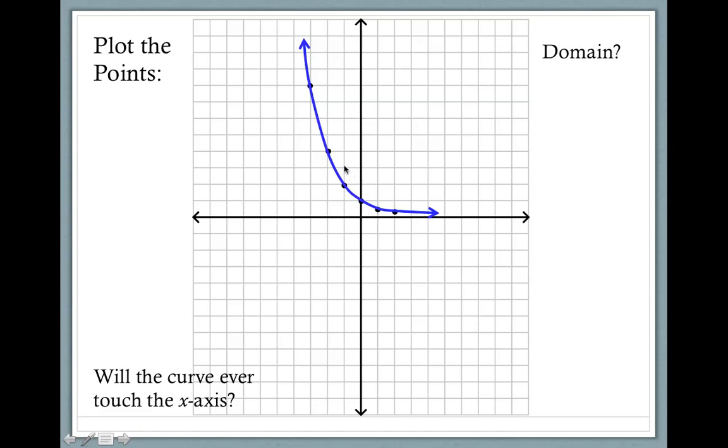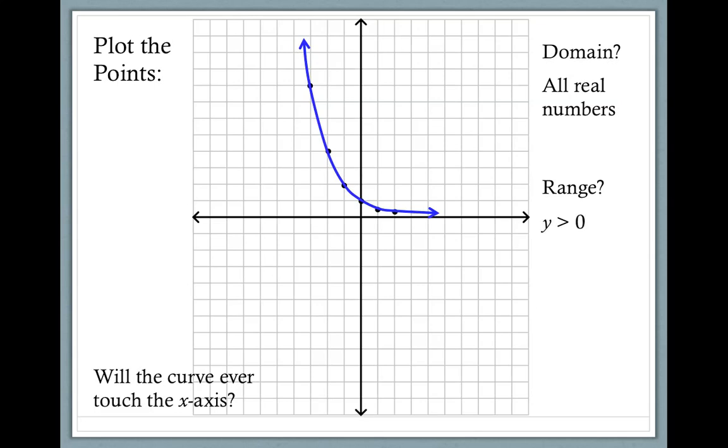Well, if you notice here, the domain actually is not any different than what we had for exponential growth. We can still use any number for x. We still have arrows indicating that we could keep going in this direction, we could keep going in this direction. So our domain is still going to be all real numbers. And for range, this also does not change, since we are still looking at a curve that is completely above the x-axis.